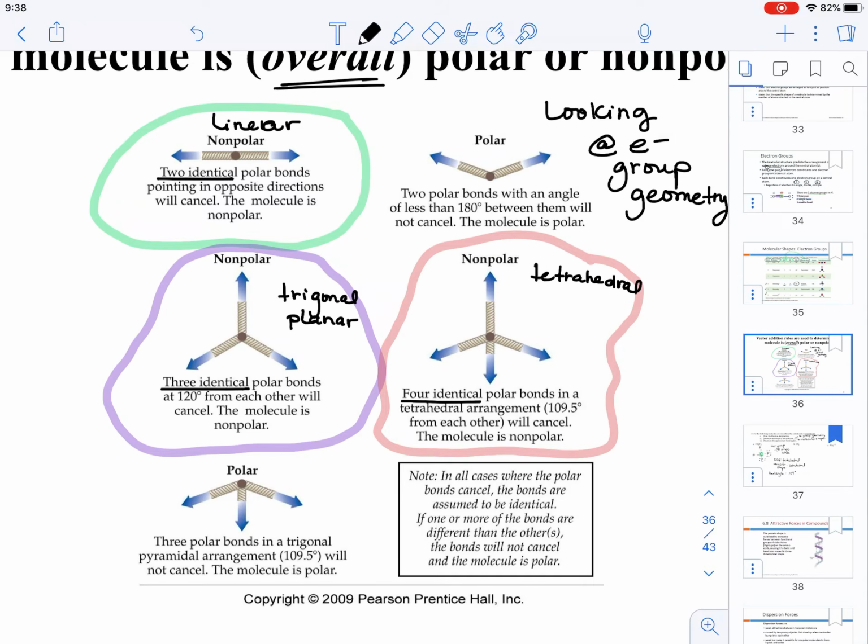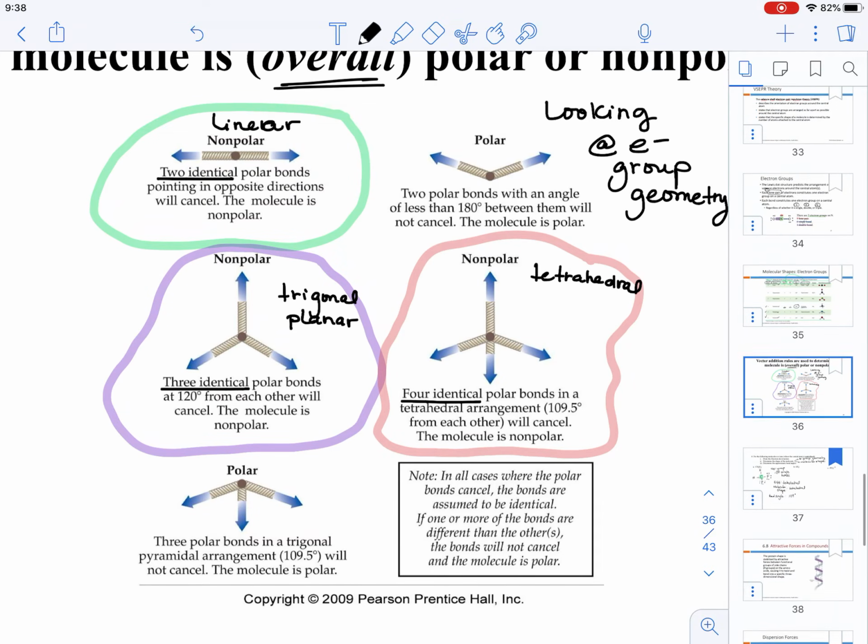So I'm going to utilize as examples a series of the things that we have already answered, and we have their Lewis structures.